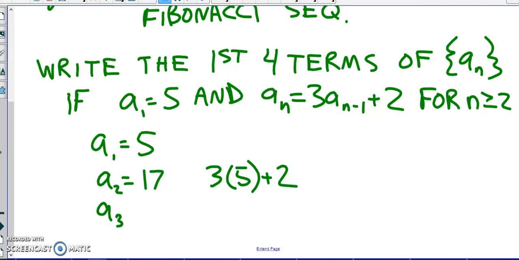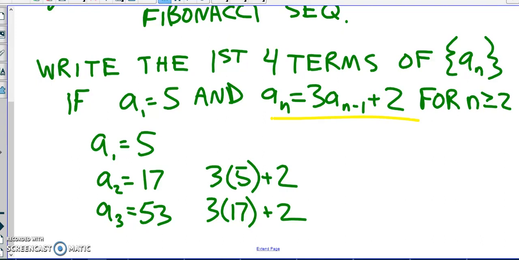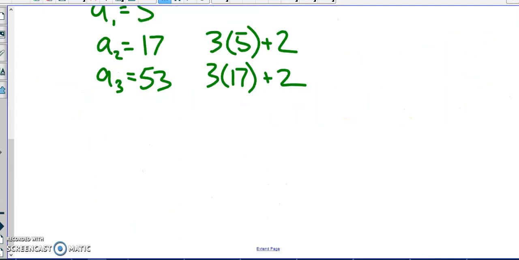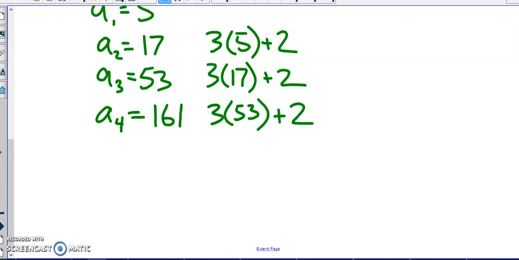A3 would be 53, because that would be 3 times 17 plus 2 using this recursive formula right here. And then A4 would be 161, because that'd be 3 times 53 plus 2. For some reason, I was going to do 3 times 52, and I got myself all fouled up.